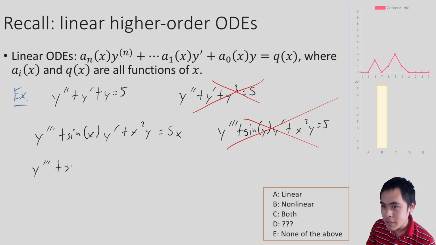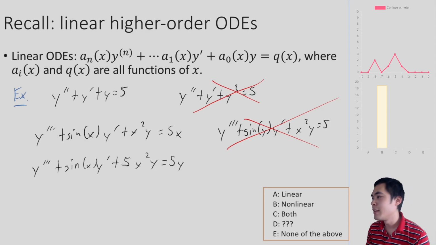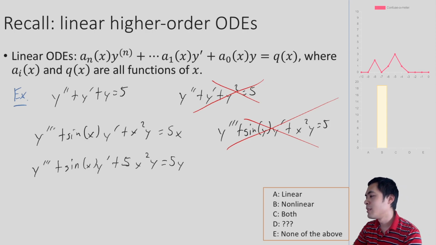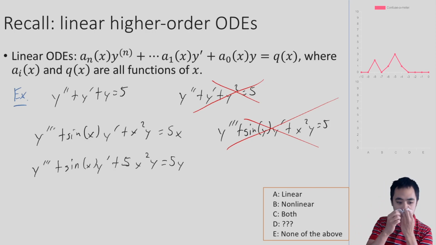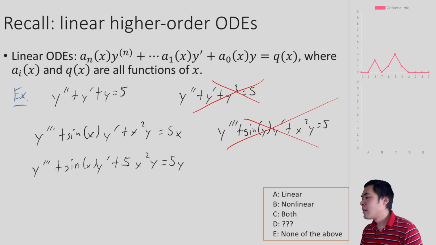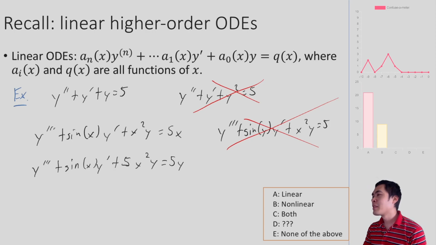y triple prime plus sine x y prime plus, let's say, 5x squared y is equal to 5y. Is this linear or nonlinear? It looks like there's a bit more of a split between people, because this one is slightly more complicated.